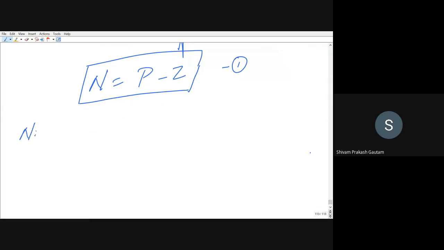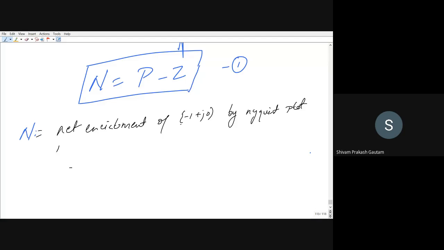First one is N. N is equal to the net encirclement of point -1 plus j0 by the Nyquist plot in the GS HS plane. So this is the definition of what is N.